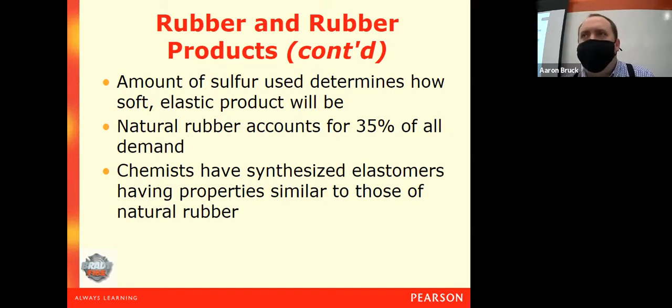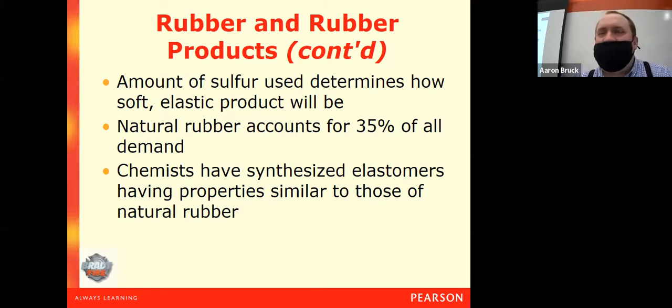As I mentioned before, not all of the rubber that exists out there in the world is actually derived from the tree sap natural rubber sources. In fact, about 65% of the rubber that exists out in the world today is actually synthesized. And so it's not actually true rubber.